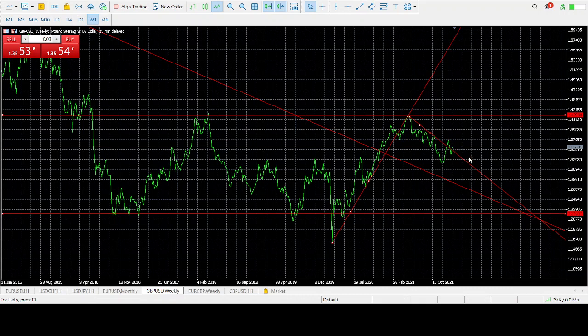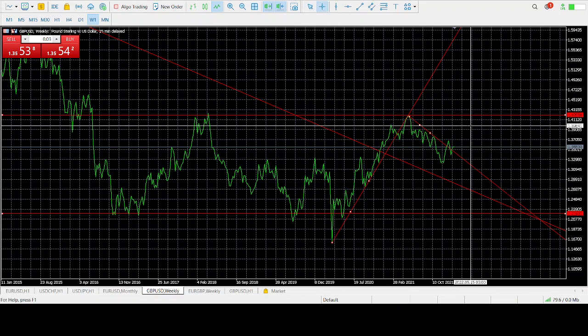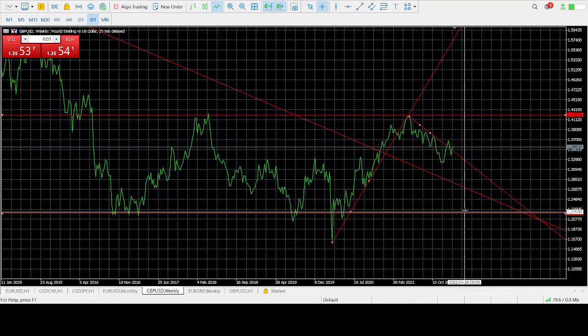This is not a clear trading position, so we wouldn't trade in this position. We wouldn't trade now. A good trading would be around here or around here. Those would be good entry points.